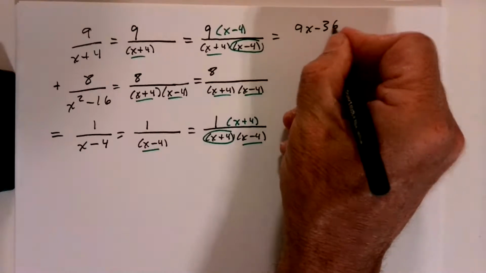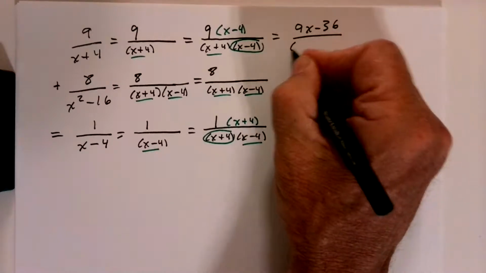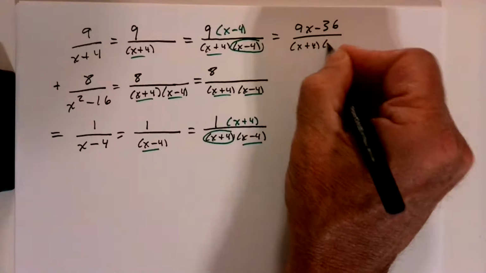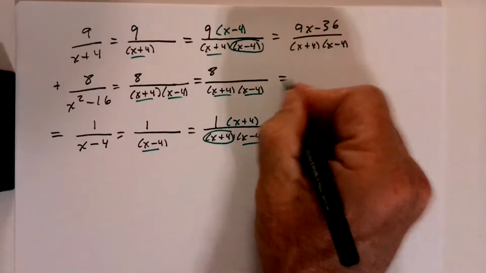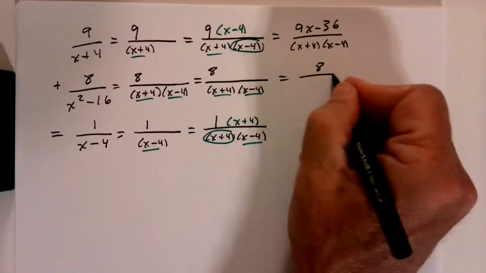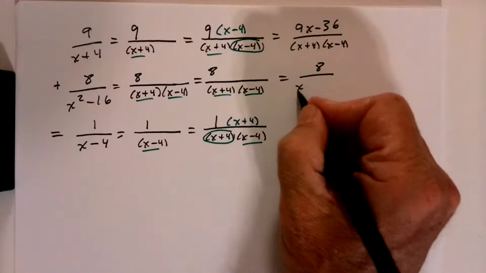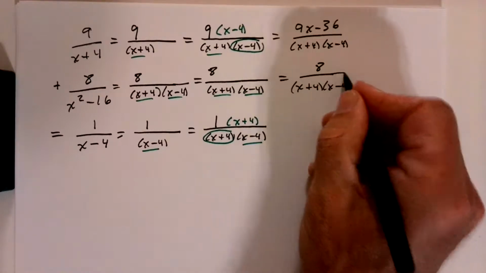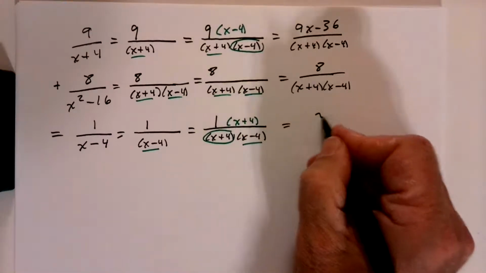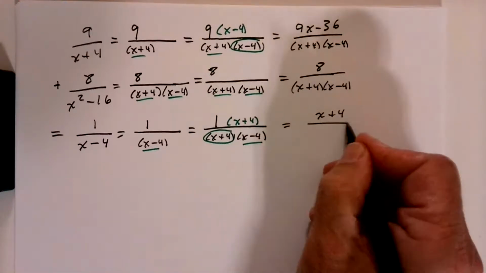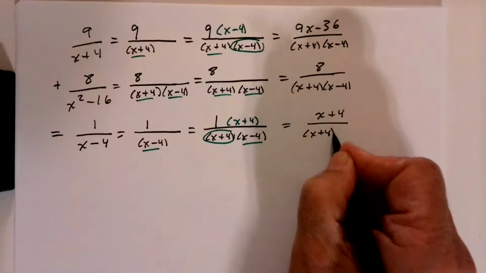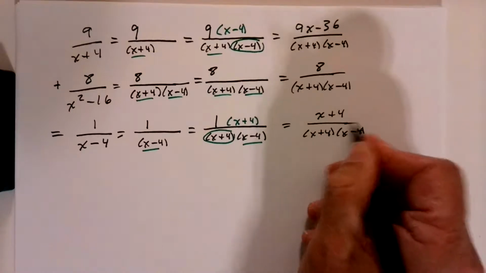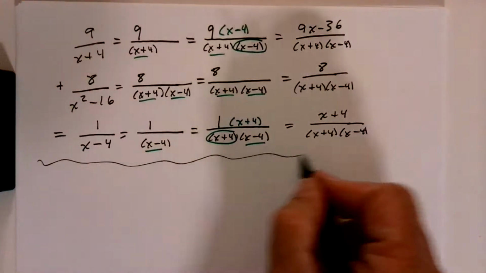(9x - 36) over (x + 4)(x - 4), 8 over (x + 4)(x - 4), and 1 times x + 4 is just x + 4 over (x + 4)(x - 4). Okay, well, what are we going to do?